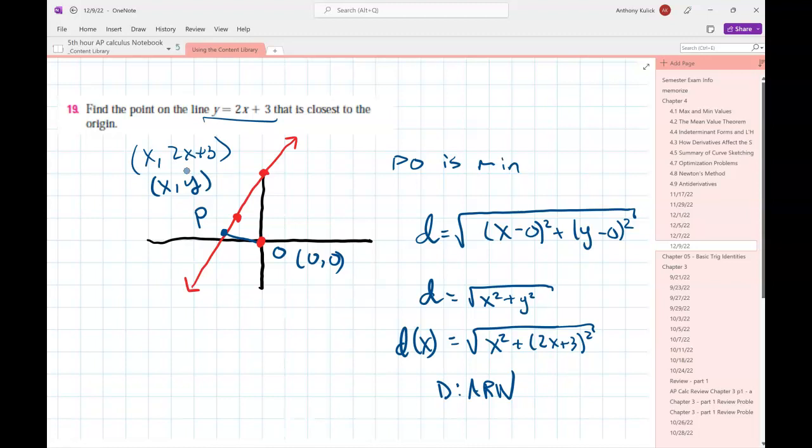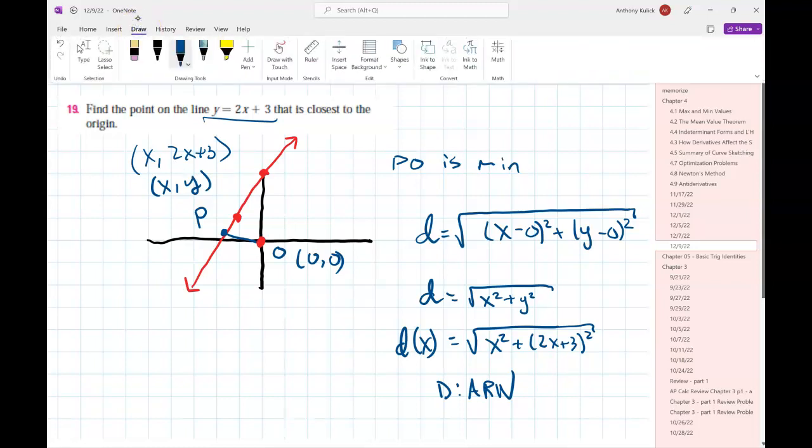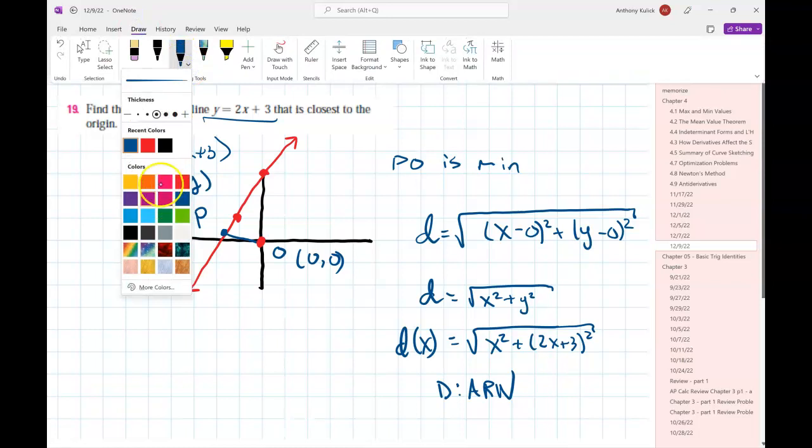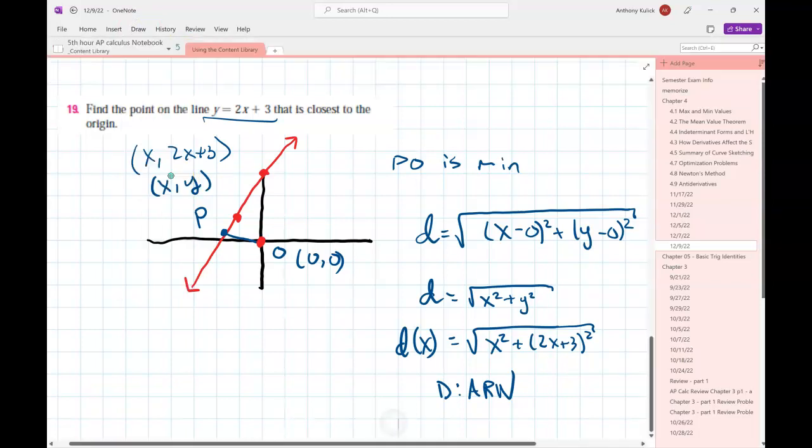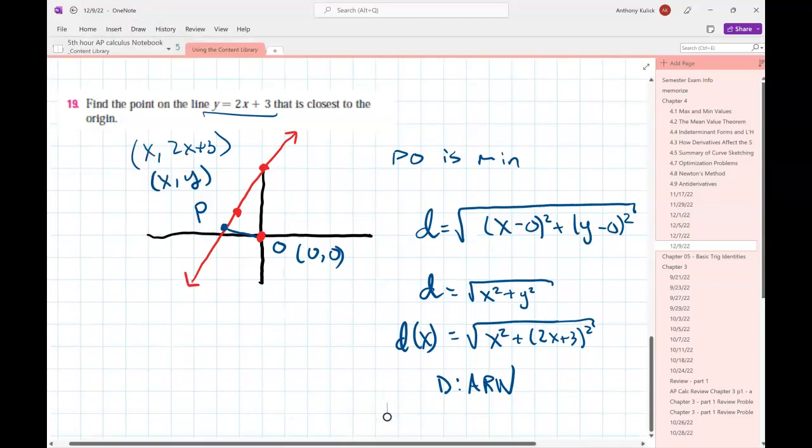My function y equals 2x plus 3 is defined for all x's, so I can pick any x on there, and it'll generate some distance to the origin. So this one is one where, again, we're going to have to use either the first derivative or second derivative test. Now, it's time to differentiate, but before I do that, I'm going to make the following observation to make my life easier.